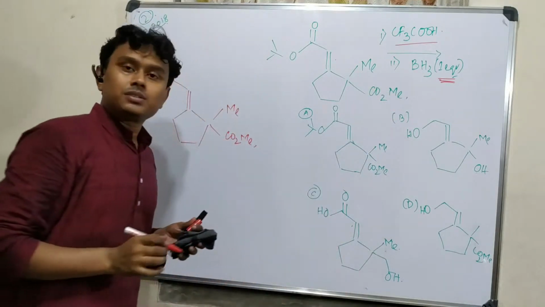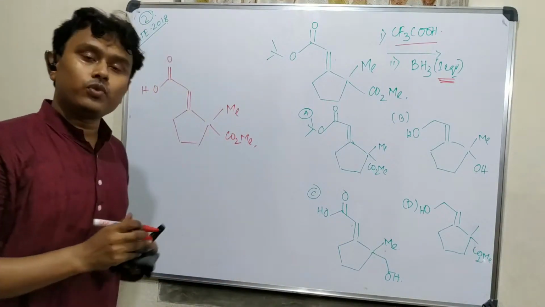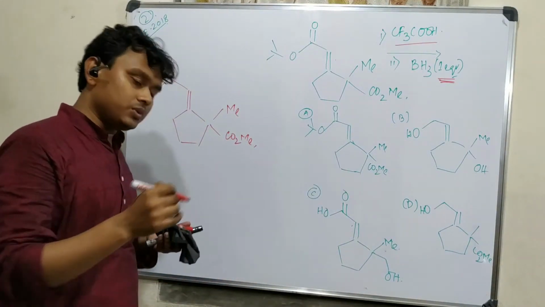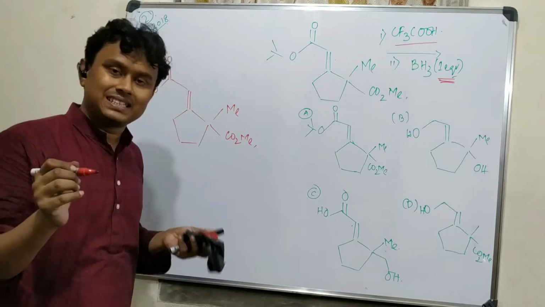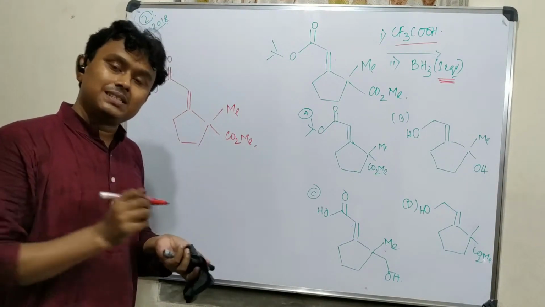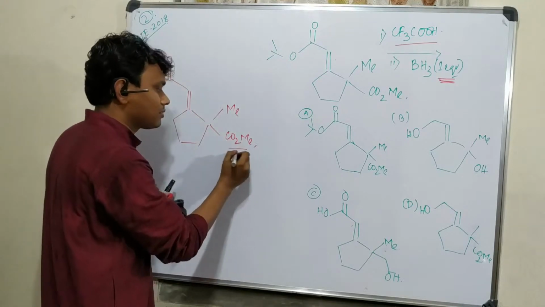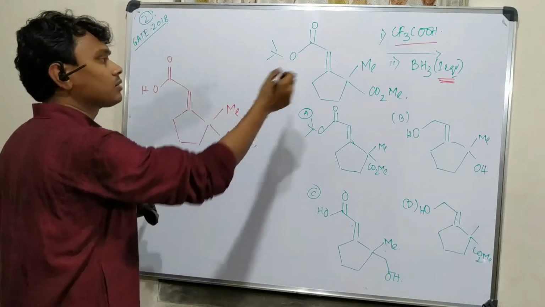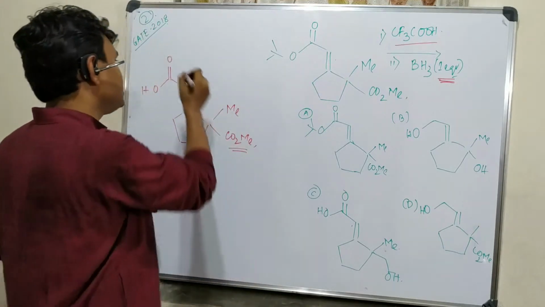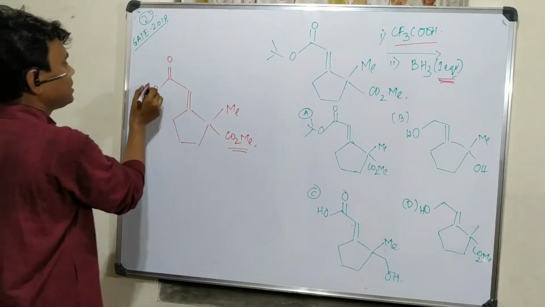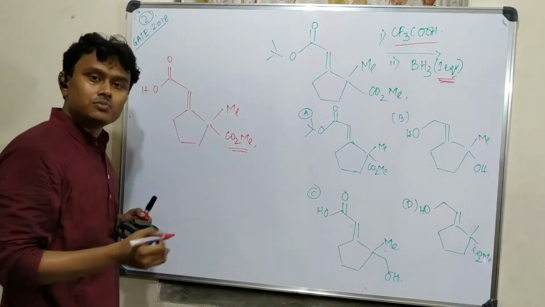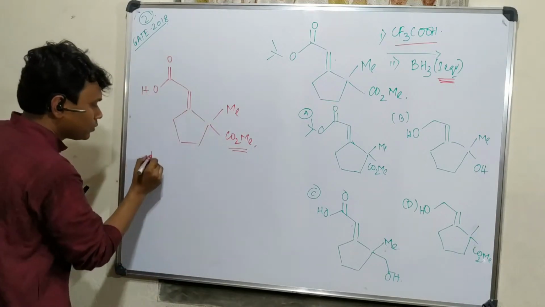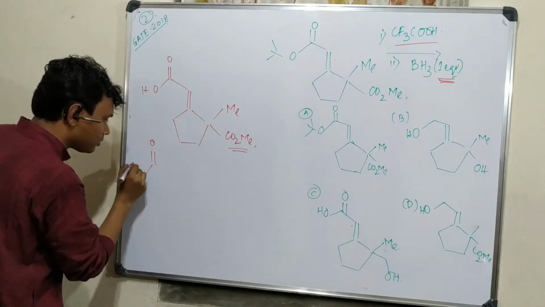So second, BH3, one equivalent. What does it do? Actually, when BH3 reacts in the presence of acid, it reacts with the acid first compared to the ester. Why? Because both coordinate logically, but this will coordinate stronger because this carboxylic acid may remain in equilibrium with its corresponding carboxylate.